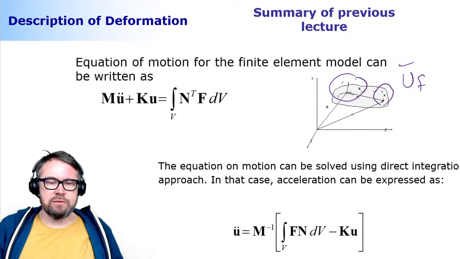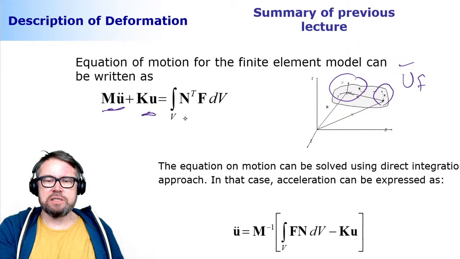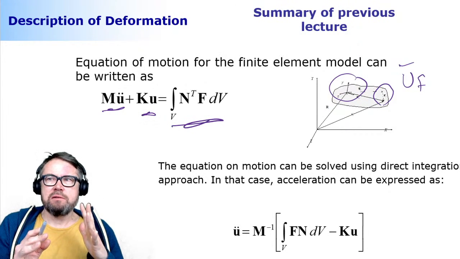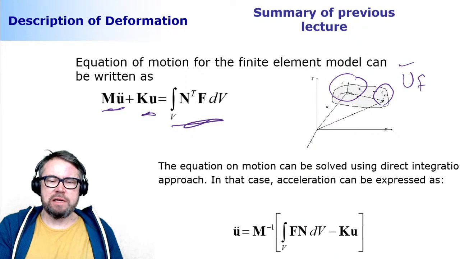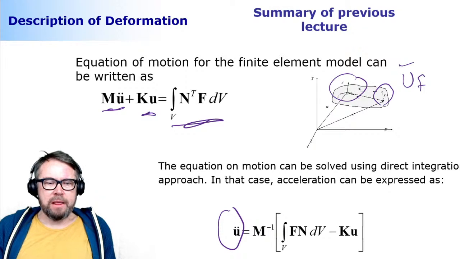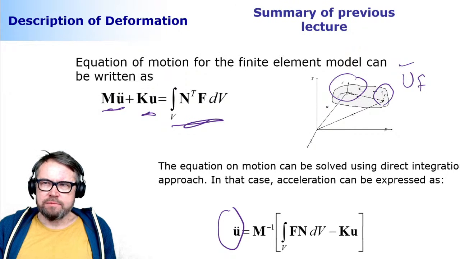Well, you could create a finite element model. You can introduce inertial forces, elastic forces, externally applied forces, and using those different kinds of forces, you can solve the acceleration of your nodal displacement. And like we discussed shortly a week ago, this is not the way to go. Why?